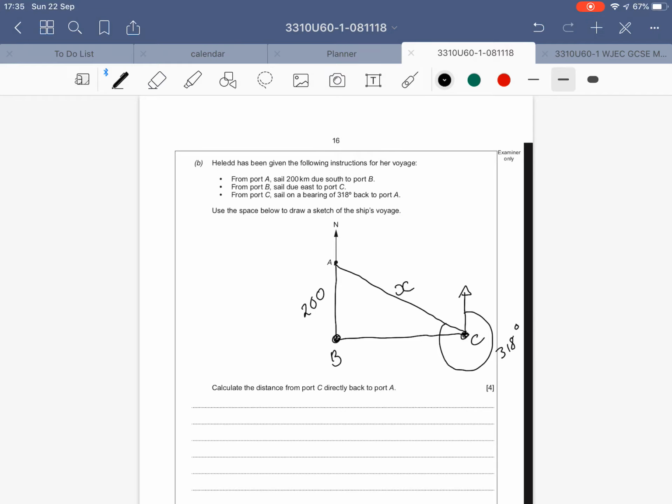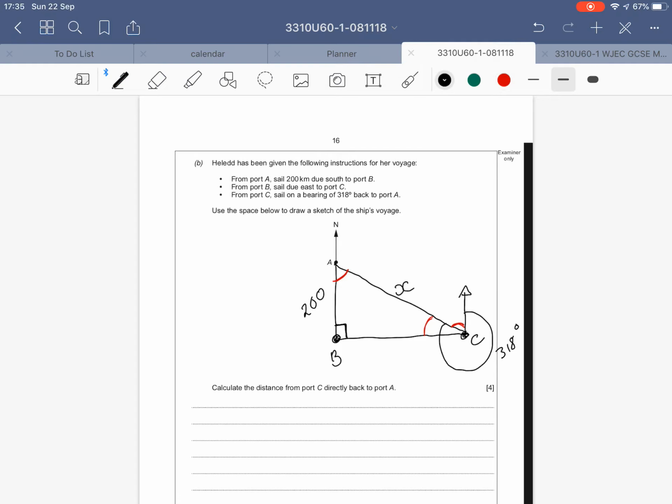They didn't necessarily need to give you that bearing there, but obviously we know east is on a bearing of 90 degrees. You could use 90 degrees if you wanted to. Or you could use this angle here, which you would find out by finding this angle here. You could do whatever you wanted. It's up to you.